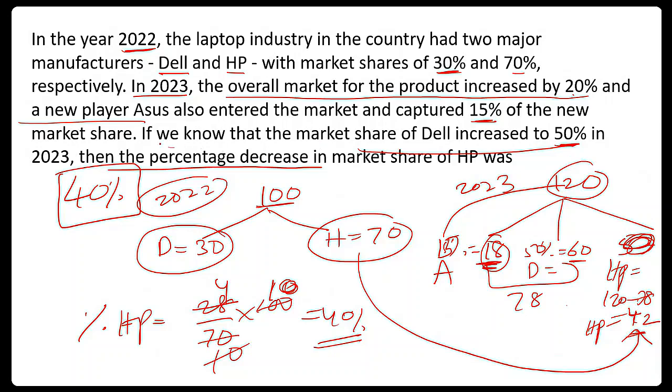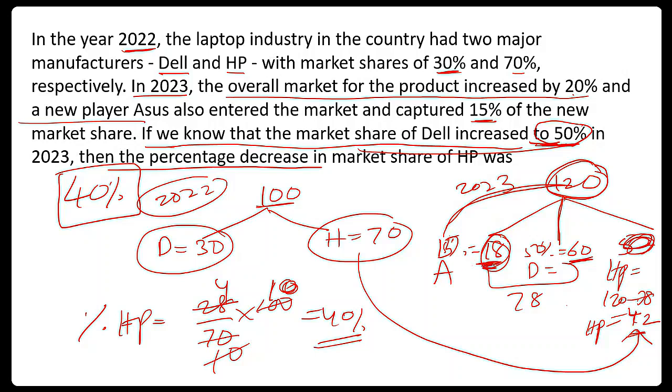Here you need to understand this line clearly. Dell market share increased to 50%, not increased by. So now the new market is total 120. In that, Dell increased to 50% is nothing but 60. 15% of 120 captured by Asus is 18.